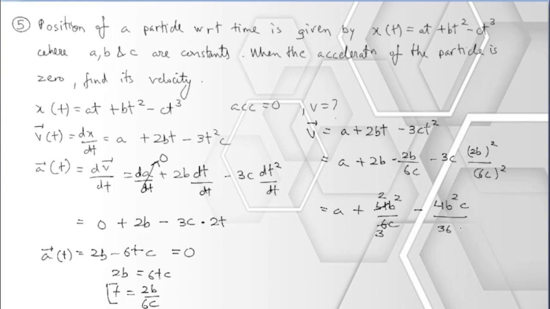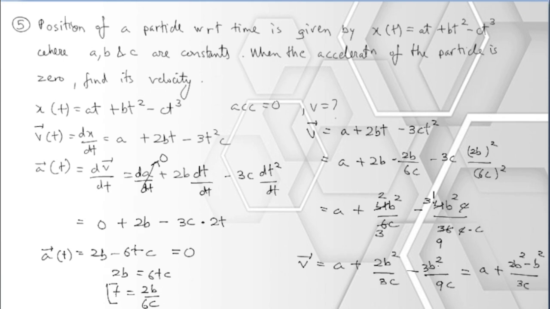36 c into c, c squared, c into c, one of the c is cancelled, 4 9s are 36, 4 1s are 4, so you have velocity equals a plus 2b squared by 3c minus b squared by, the 3 was missed above, by 9c, and the 3 which I missed out, so that equals a plus 2b squared minus b squared by 3c.